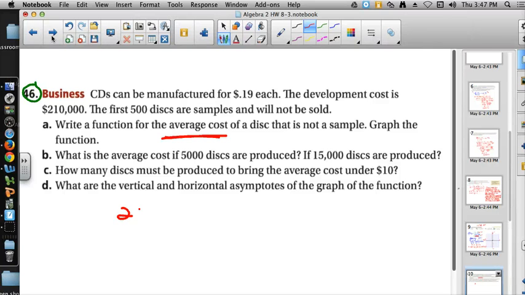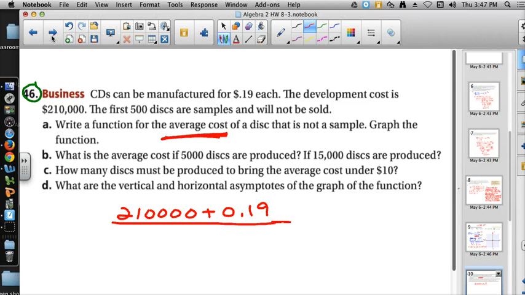So how are we going to make money off of these? Well, we have this $210,000, and this is average cost. So $210,000 plus, unfortunately, 19 cents a piece. And we have to divide that by the number.